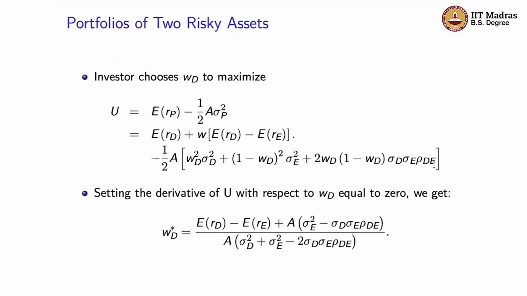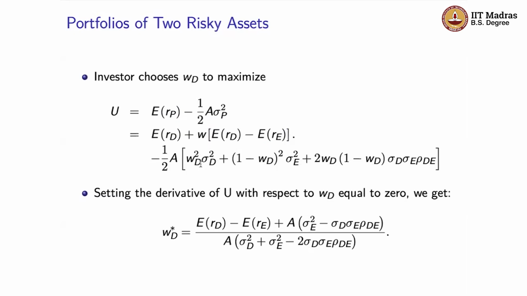So we are just plugging this in. The good thing is that if you make these substitutions, expectation of RD is a parameter, expectation of RE is a parameter, A is a parameter, sigma square D is a parameter, sigma square E is a parameter, and rho D is a parameter, right? So the only thing that is changing is this WD, right?